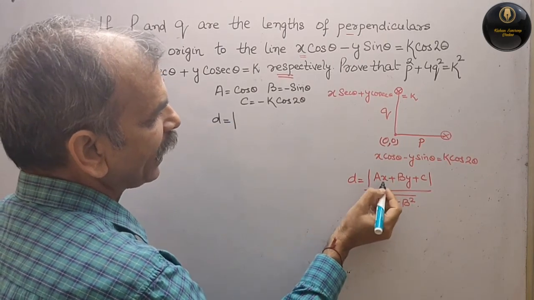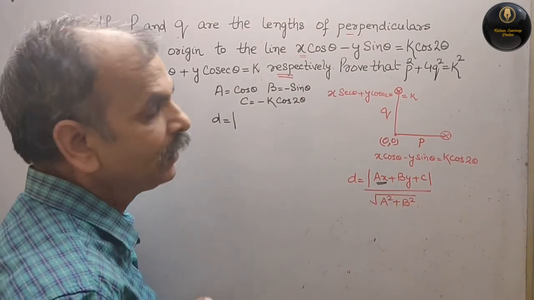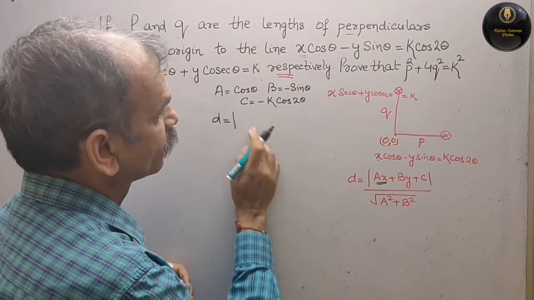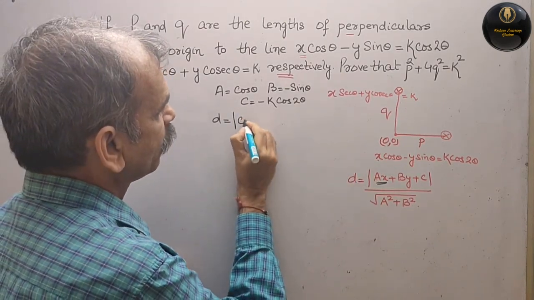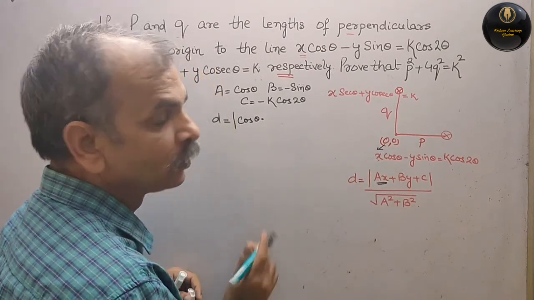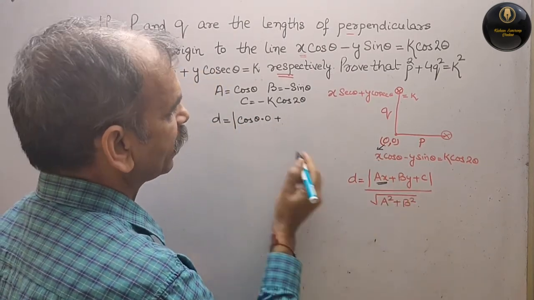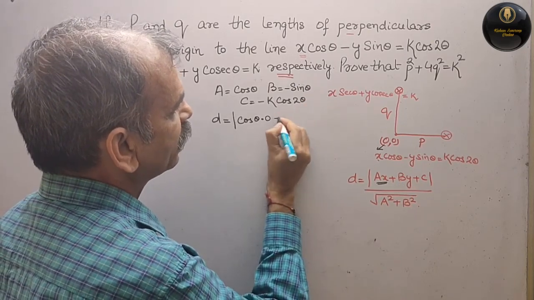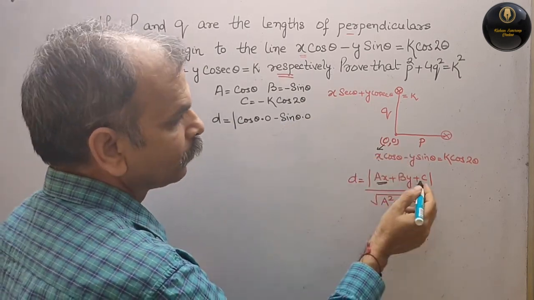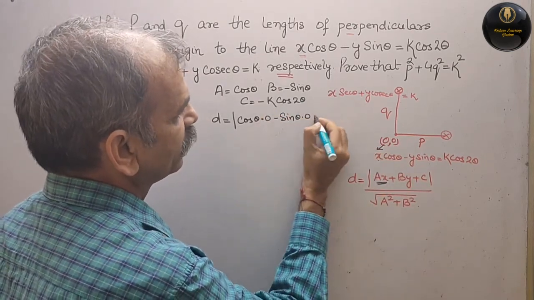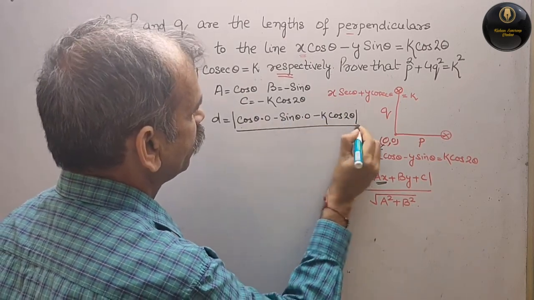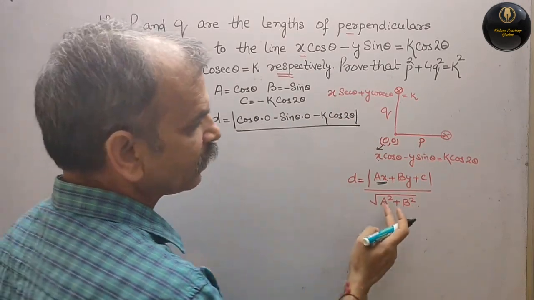modulus of AX plus BY plus C. So we will write cos theta into x, which is 0, plus B, which is minus sin theta, into y, which is also 0, plus C, that means minus k cos 2 theta, by root over A square plus B square.